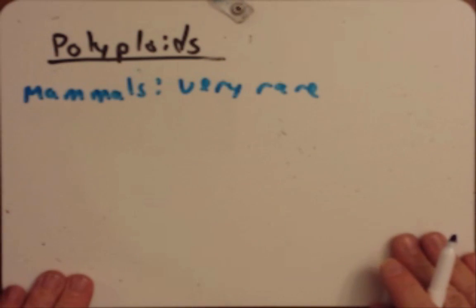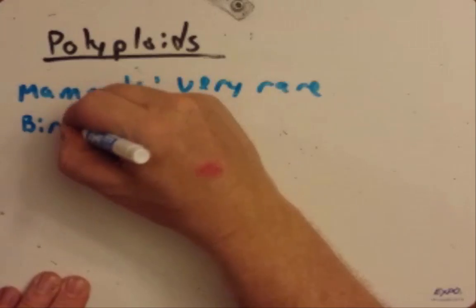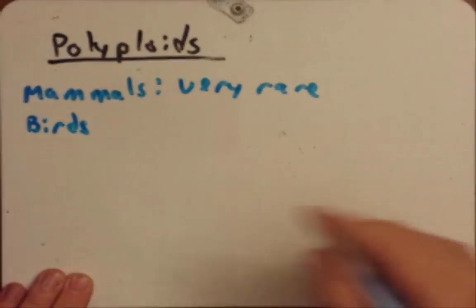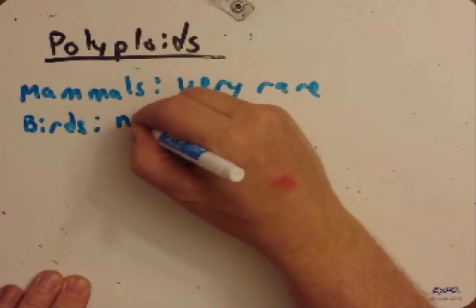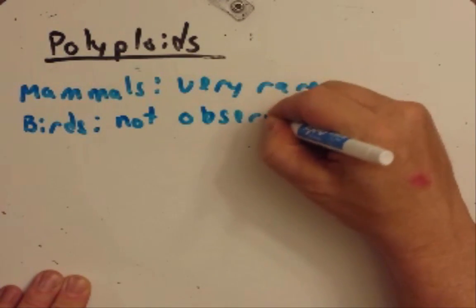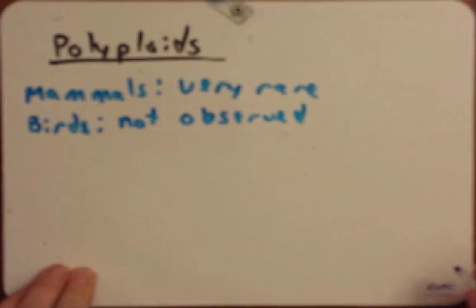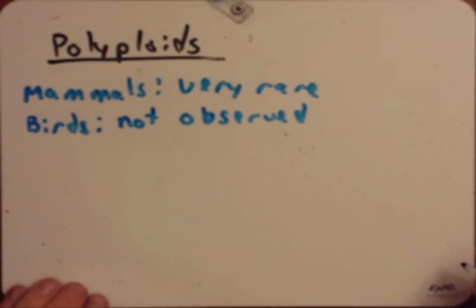Others don't believe it was a polyploid, so it's a little debatable. So I think for our purposes, we'll just go with very rare, if at all. Now, birds, it's not known, or not observed, I should say. We've never seen it. It might exist, but we just haven't seen a polyploid bird.